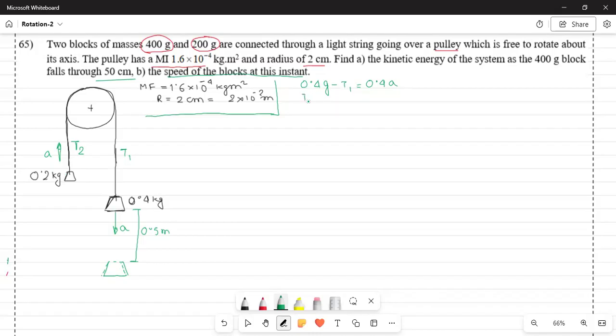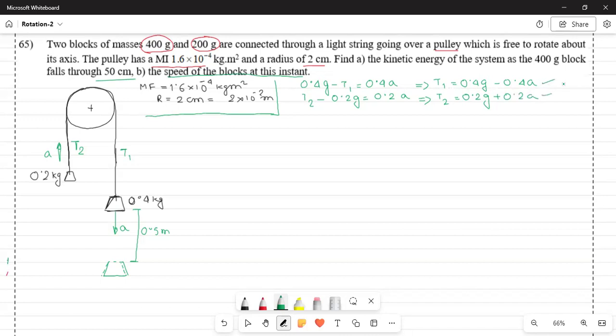Upward force is T2 minus the downward force 0.2 G, equal to its mass 0.2 into the same acceleration A. From here we get T1 equal to 0.4 G minus 0.4 A. And from here we get T2 equal to 0.2 G plus 0.2 A.